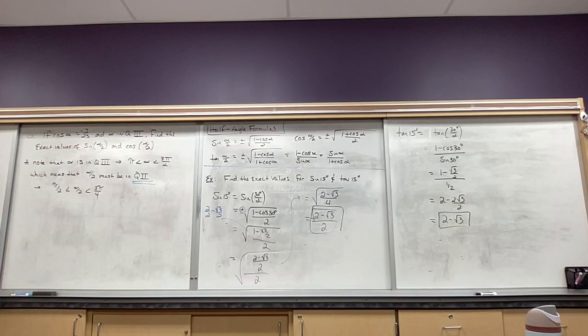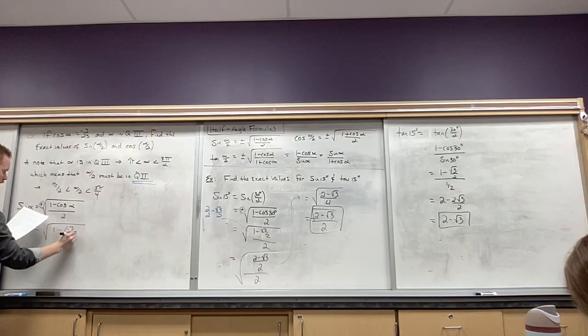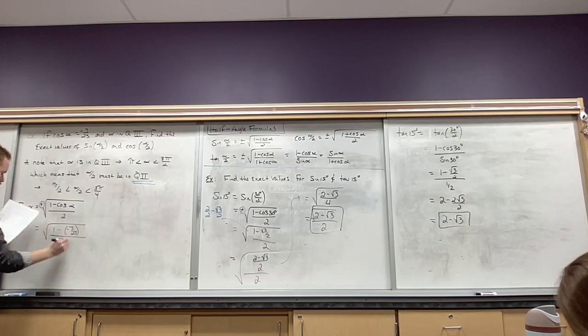Okay? Now, why do I need to know that? Because I need to know if I'm going to put a plus or a minus sign there, right? So let's look at sine of alpha over 2. I'm going to rewrite the formula here. That way we can see a direct substitution. Okay, now, sine of alpha over 2, sine is positive in quadrant 2, so I put the positive end of it. I'll write it once just so we know that that's why we did what we did over there. So we get 1 minus, so this we do know, negative 7 over 25, over 2.